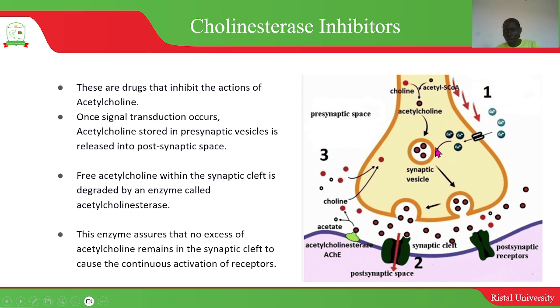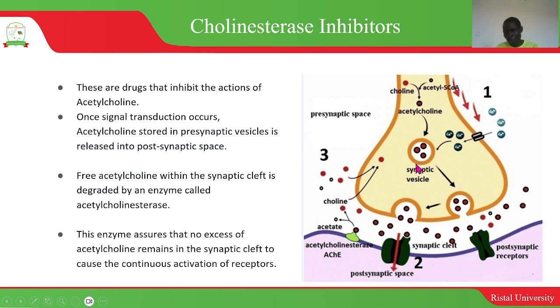So what happens is acetylcholine is first of all synthesized, from a combination of choline plus the acetyl group from acetyl coenzyme A to form acetylcholine. Once acetylcholine has been synthesized, it's stored in what we call vesicles within the presynaptic space. These vesicles stay here and await the release signal.